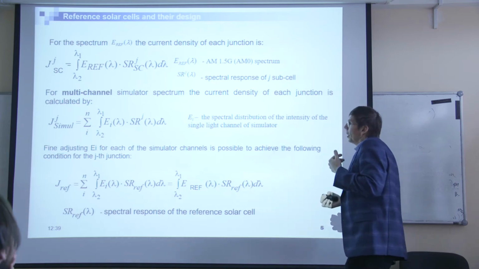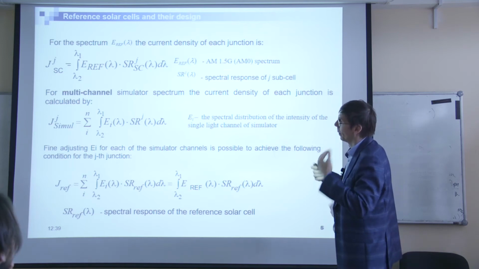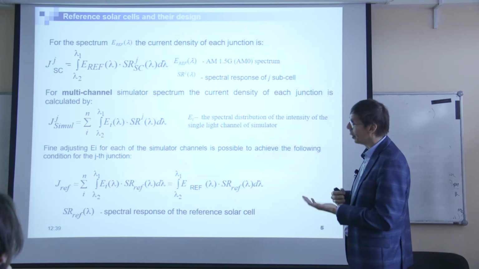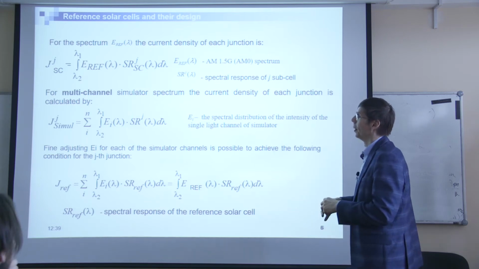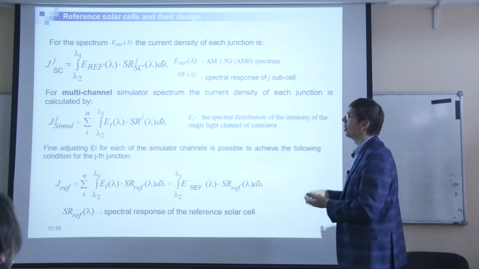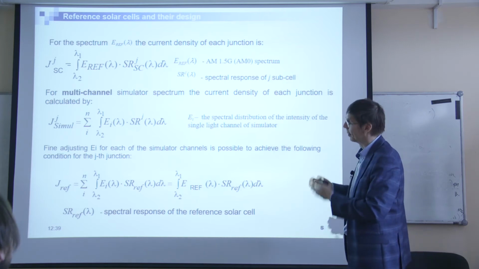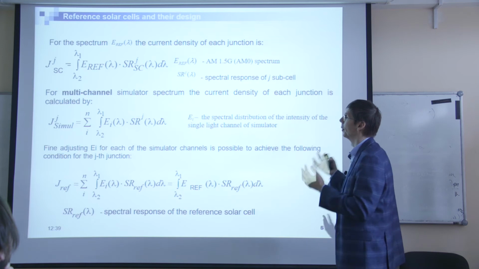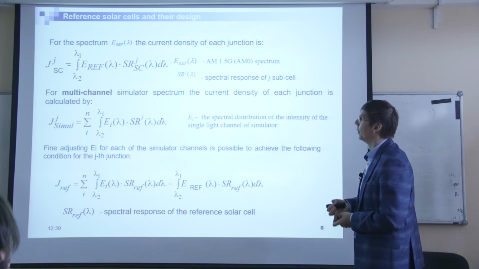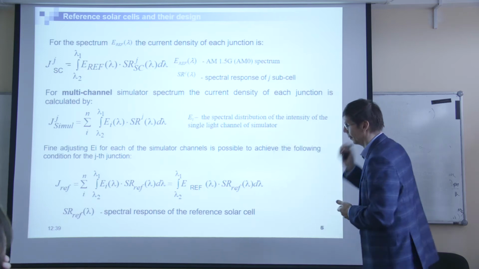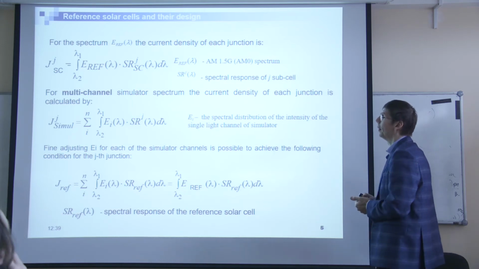Now, if you want to estimate, to calculate the current of a subcell under reference condition, you use here the reference spectrum. It's a standard spectrum which you can find from any source. And of course you use the spectral response of the subcell.